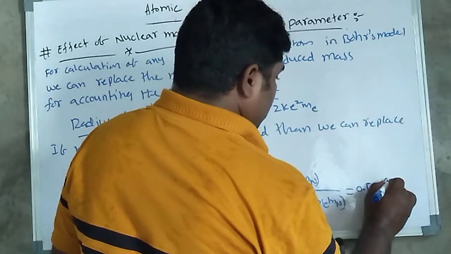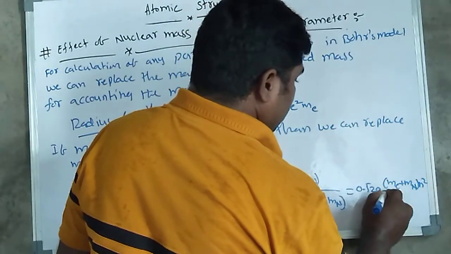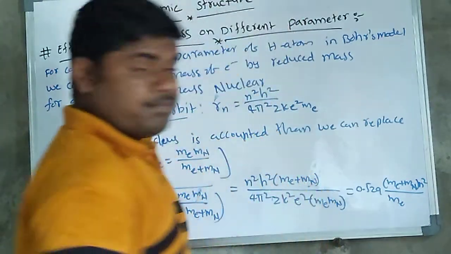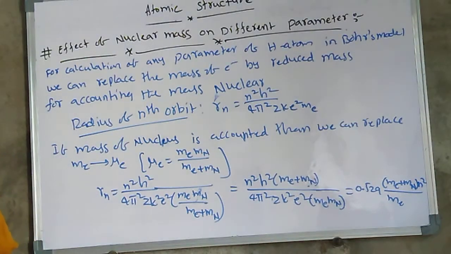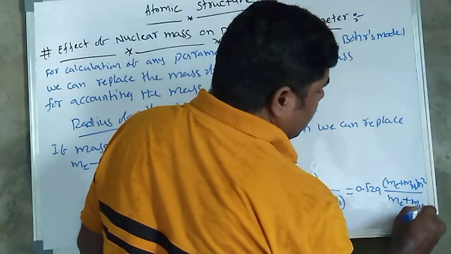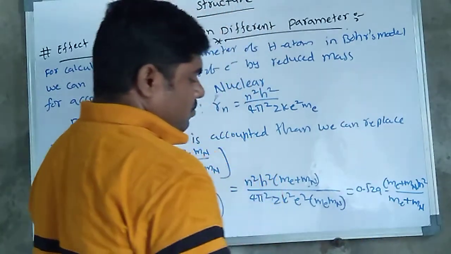That's why the final value is 0.529 into me plus mn into n square divided by mn into Z. Compared to me and mn, this value is very small.